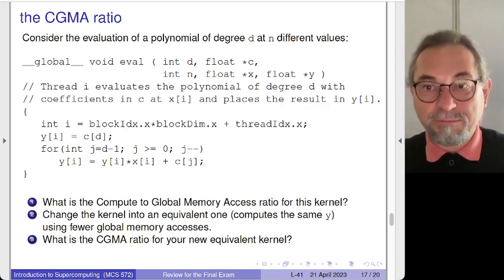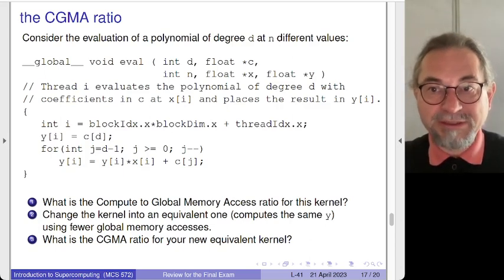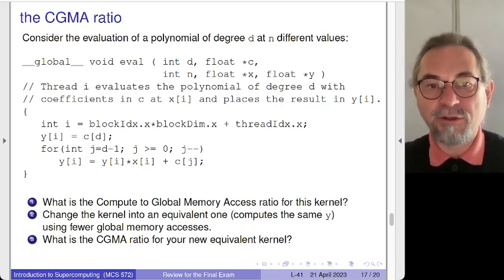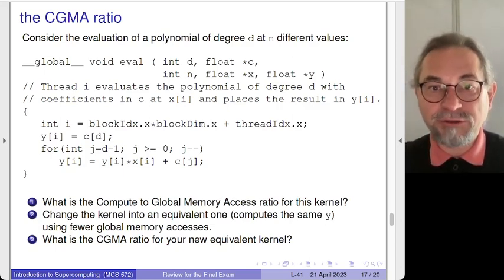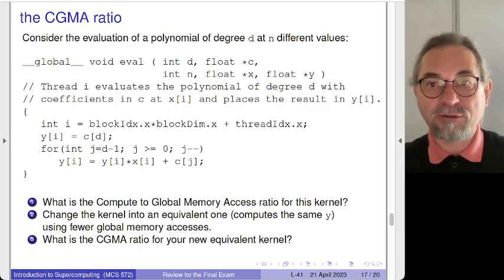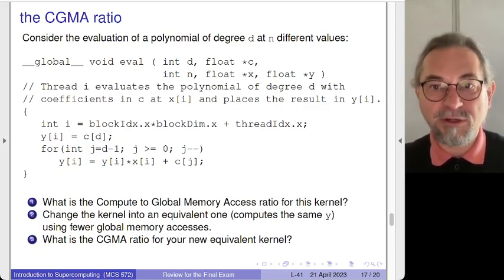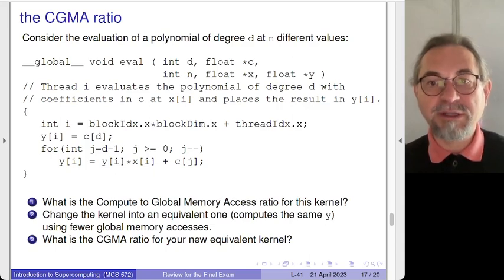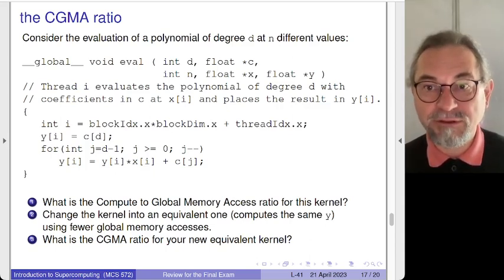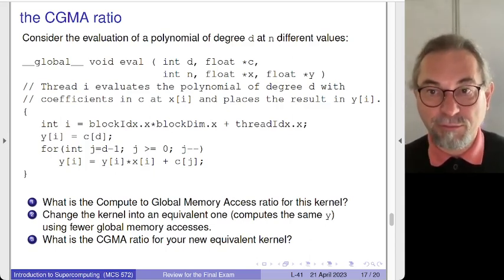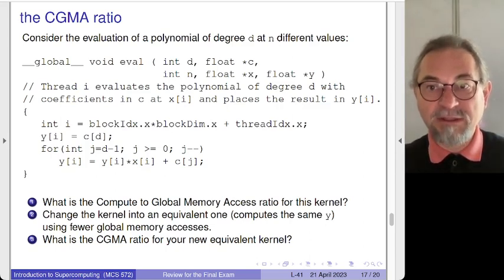You can even do better if you work with shared memory for your coefficients. So all the threads are going to load in the complete coefficient vector of this polynomial in shared memory.